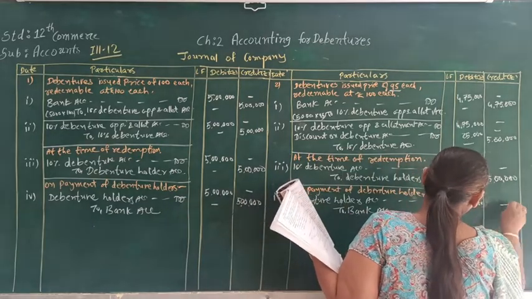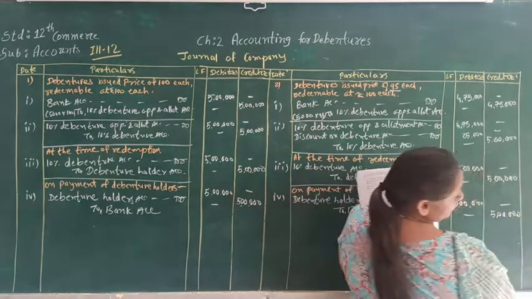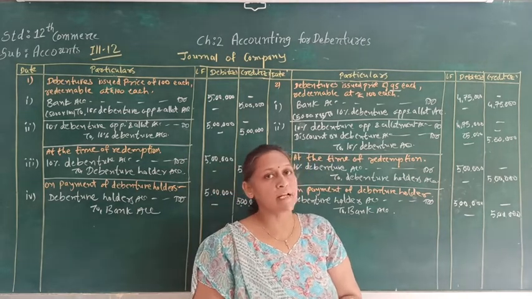That will be 5 lakh. So this is the second situation, where issue of debenture is at discount and redeemable at par.